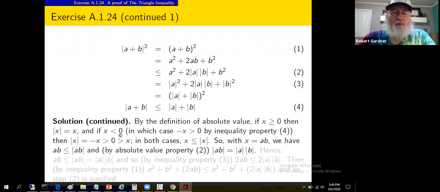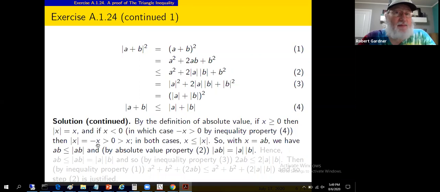If you put something negative in, if x is less than 0, in which case I could write this as negative x is greater than 0, inequality property 4, the reversal of the inequality, multiplying both sides by -1, is what we've done there. Then we get that the absolute value of x, when x is negative, is negative x.